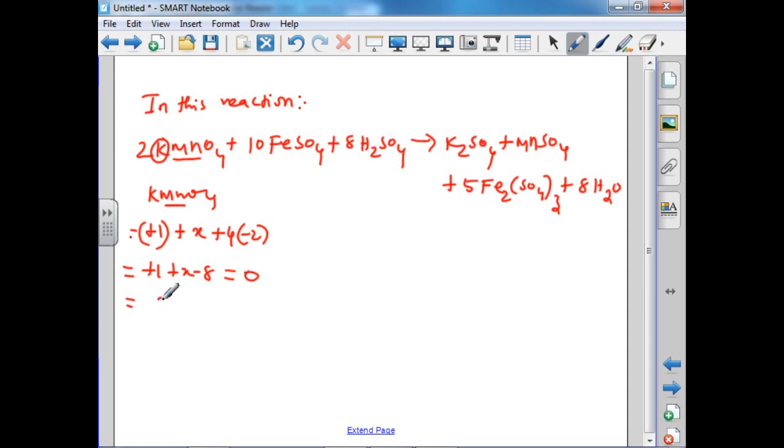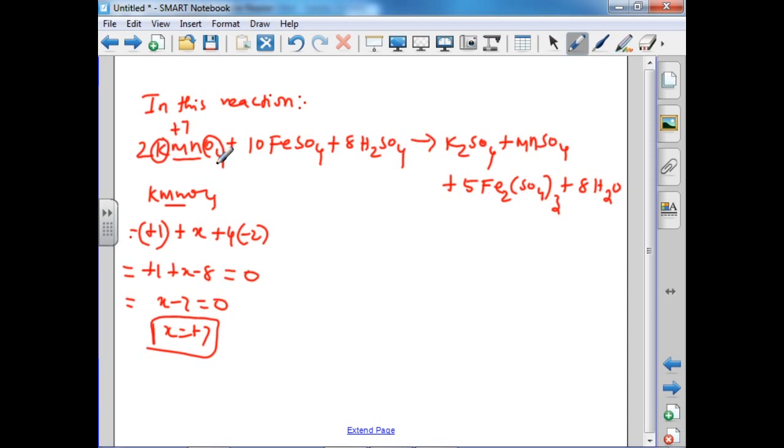So X minus 7 equals 0, X equals +7. So the manganese oxidation number is +7. There is no change in oxygen; only Mn changes its oxidation number.